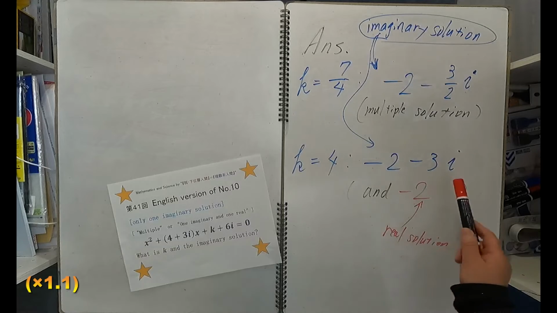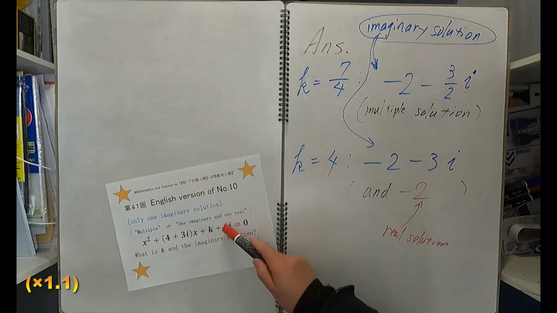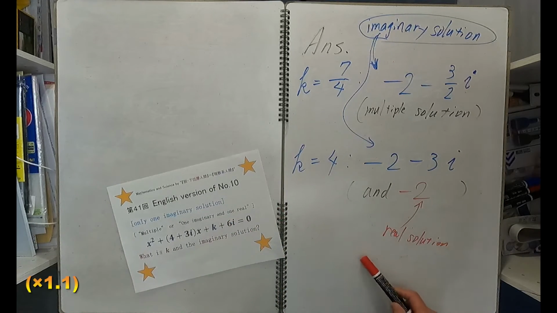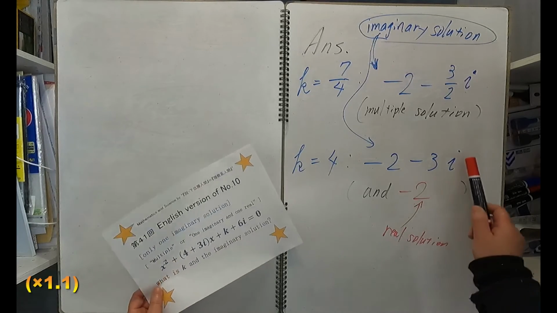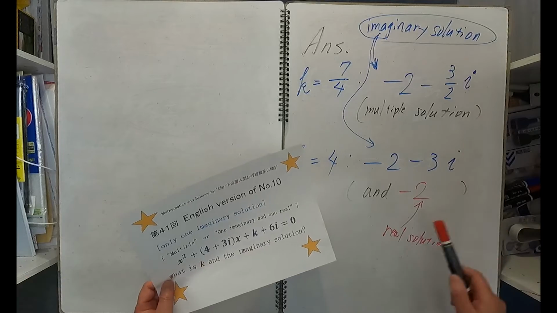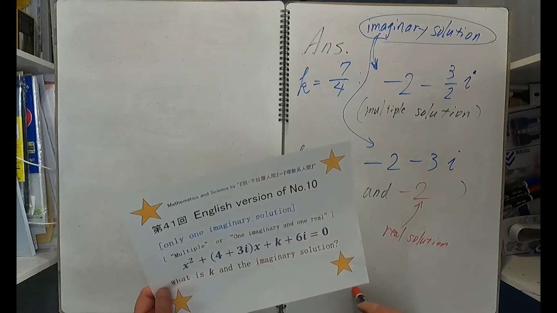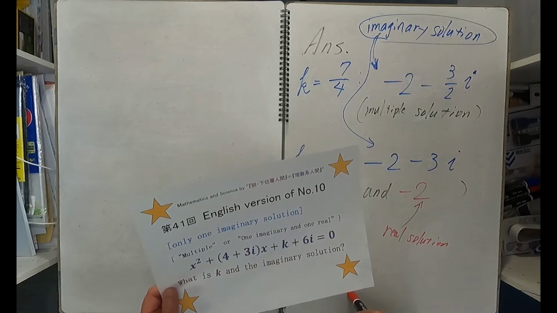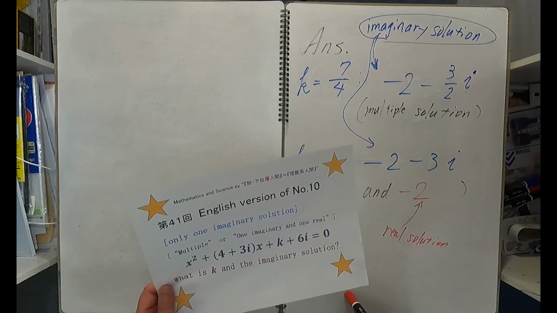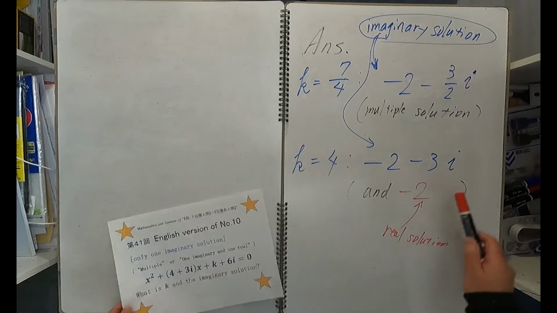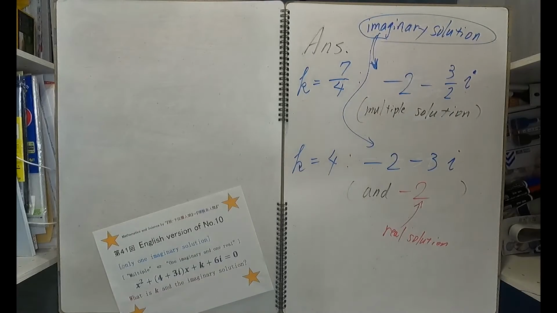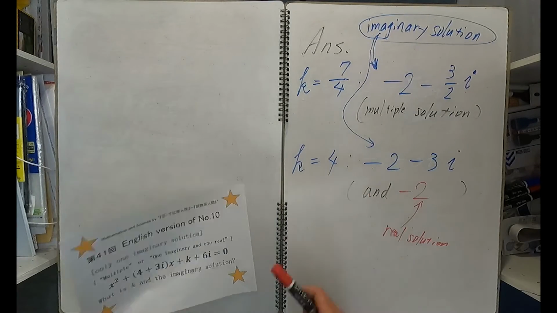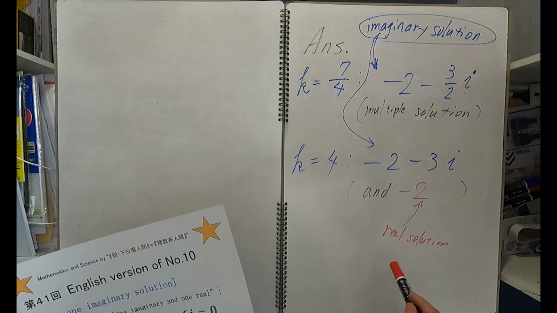In this case, this equation also has the real solution minus 2. This is a case where the equation has one imaginary solution and one real solution. So these can be the solutions of this problem. This is the answer.